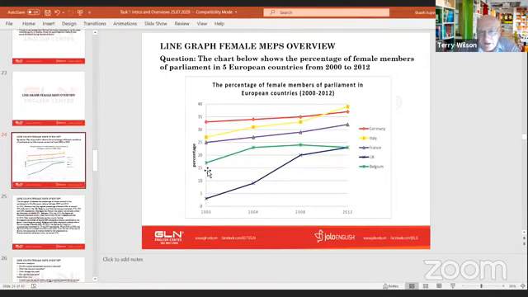And in 2012, it had increased to about 24%. So despite the fall, the overall percentages has increased. And quite often with line graphs, they will put an example like this in the diagram. And it's put there deliberately to try and confuse students.